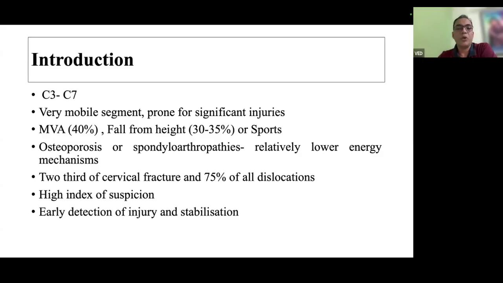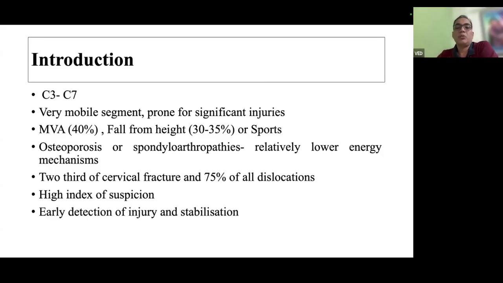The injuries are predominantly caused by road traffic accidents, which account for nearly 2/5 of the total spine fractures, falls from height around 30 to 35%, and sports impact related injuries, which are the third most common cause of subaxial cervical spine injury.